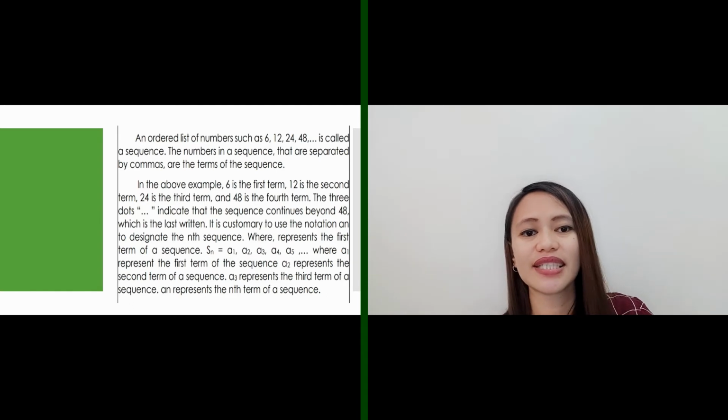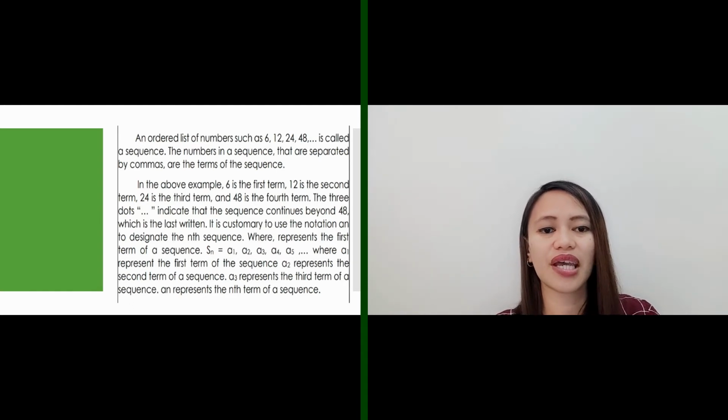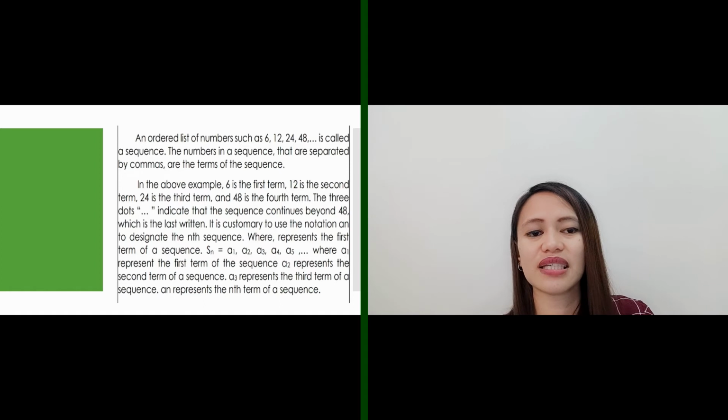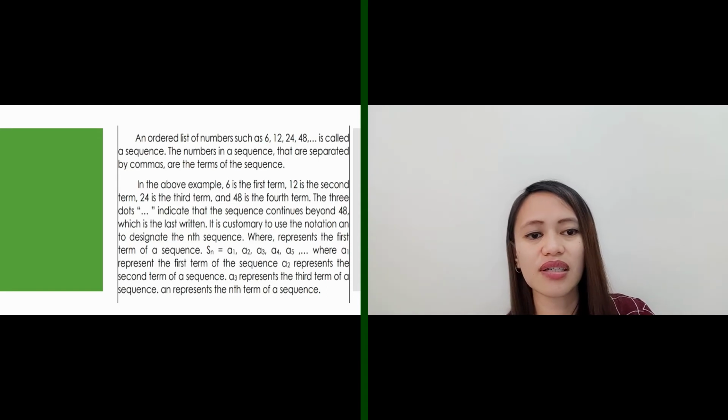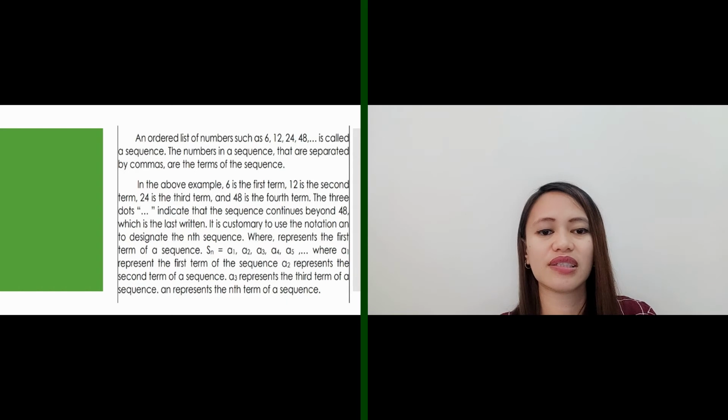The three dots indicate that the sequence continues beyond 48, which is the last one written. No? So we use notation to designate the terms of a sequence.